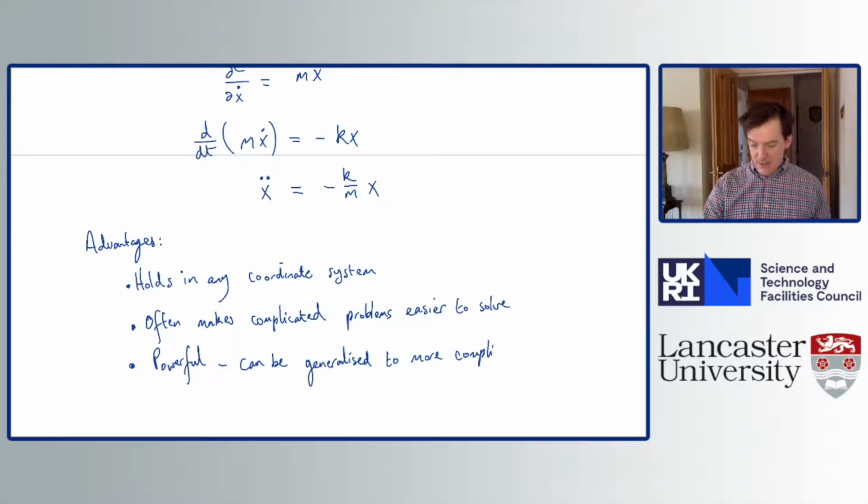We can tackle much more complicated systems with this Lagrangian approach, which we couldn't do with Newtonian mechanics. It's not possible to generalize Newtonian mechanics in the same way. Okay, so that's a very lightning quick introduction to Lagrangian mechanics.